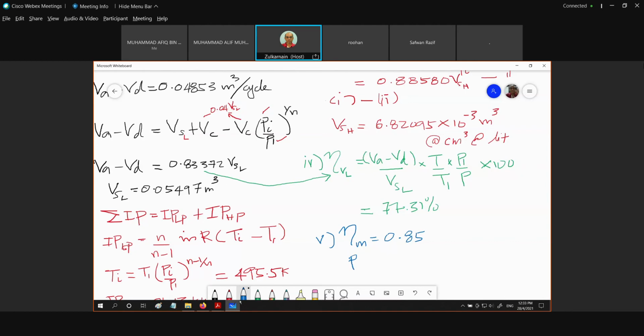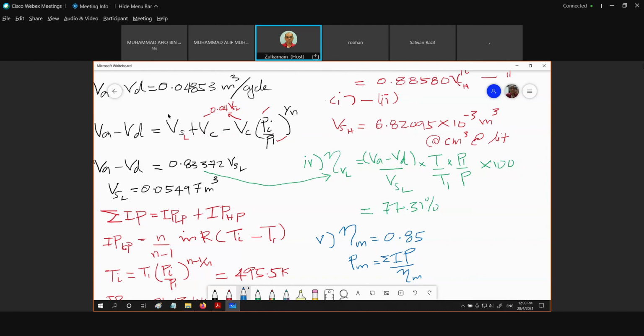The power of the motor is equal to the total IP divided by the mechanical efficiency. Okay, I think it's very simple. And the next one is to get the indicated power.